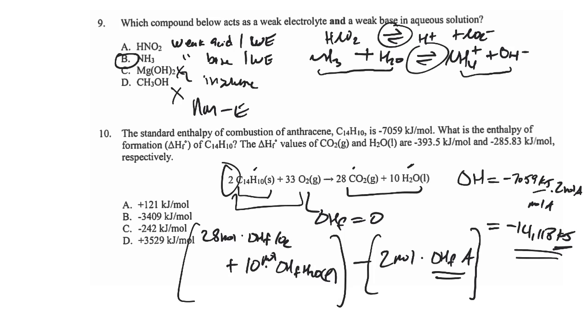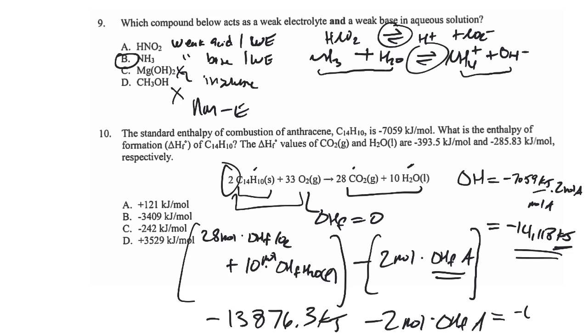So that's minus 13,000 and some change. So this works out to be minus 13,876.3 kJ minus 2 moles times delta HF of anthracene equals minus 14,118 kJ.